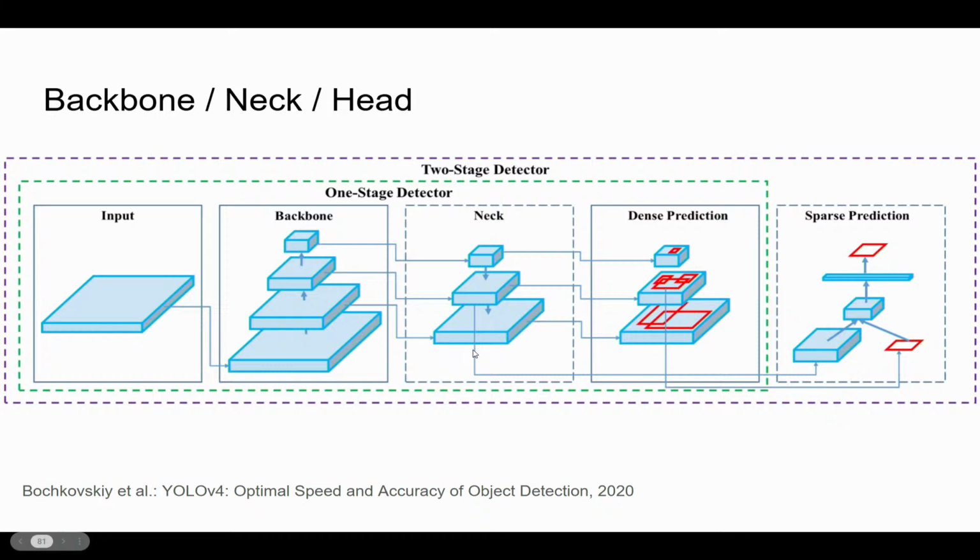And then we have heads. So for example, the dense prediction head. So for each pixel, I predict if there's an object and its bounding box. In the detectors today, these types of dense prediction heads are multiple ones at different resolutions. The low resolution one detects large objects. This one at high resolution can detect many small objects. And if we want, we can have what is called sparse prediction.